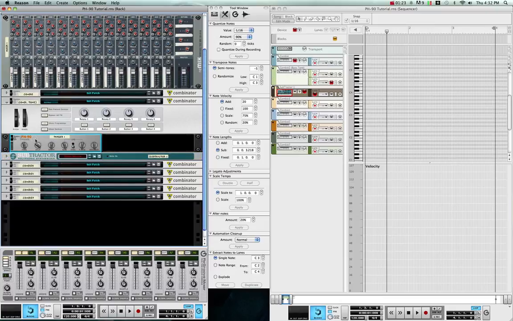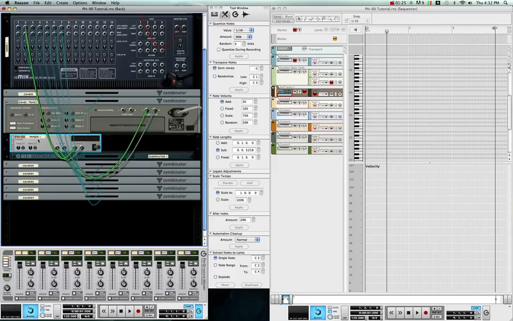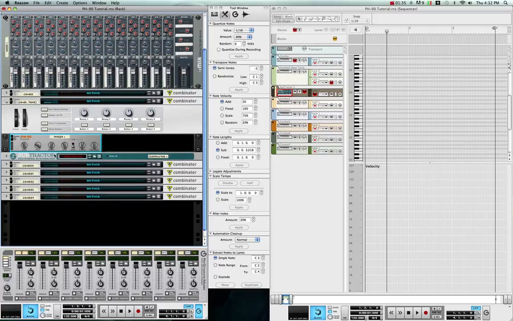This phaser basically applies a phase effect to whatever audio signal is running into it. So automatically right there, this phaser is quite different.